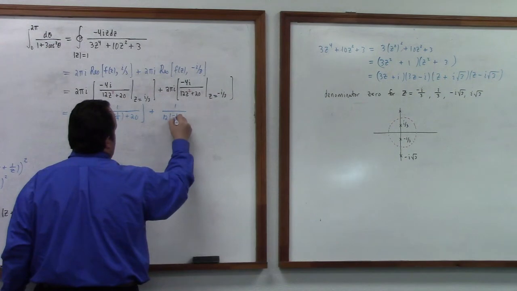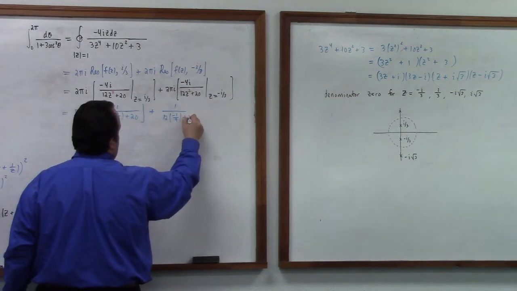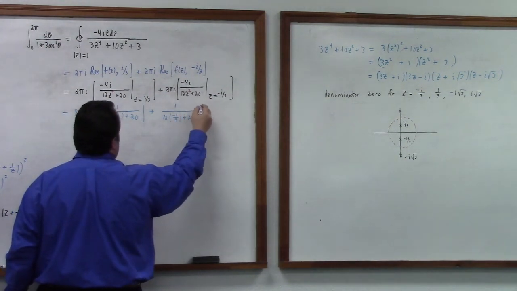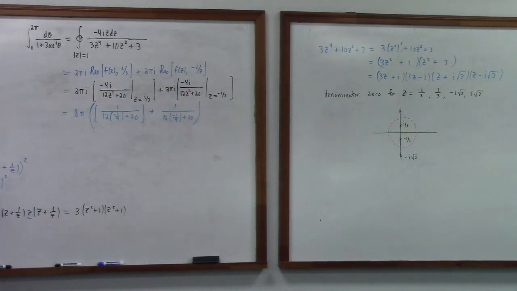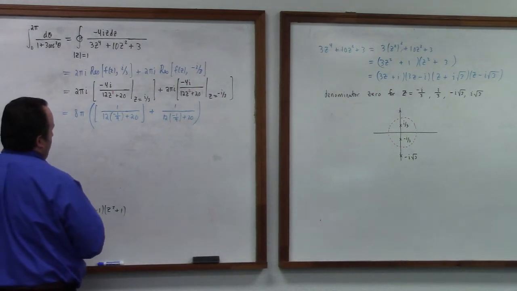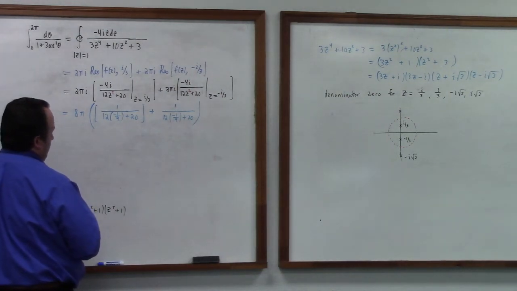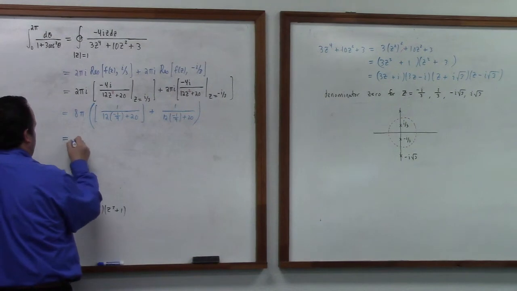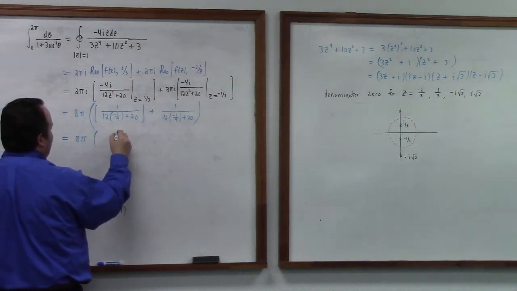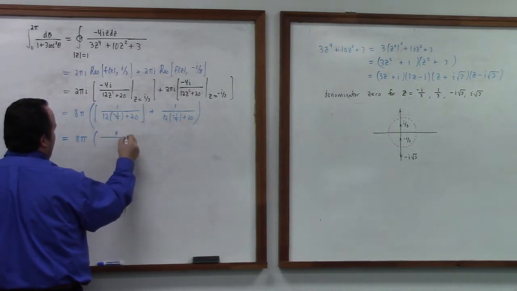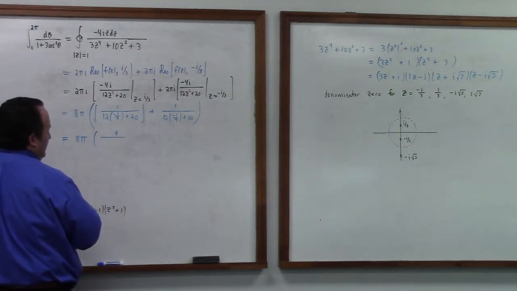So 12 times minus 1/9 plus 20. So it's actually the same fraction, isn't it? I wish I brought my calculator. Let's see here. So 9 over 180 minus 12 is 168.